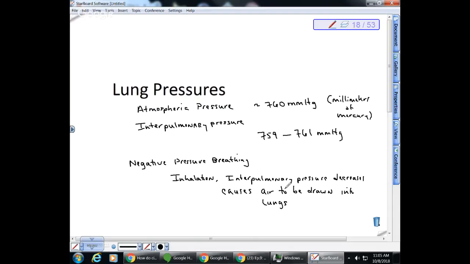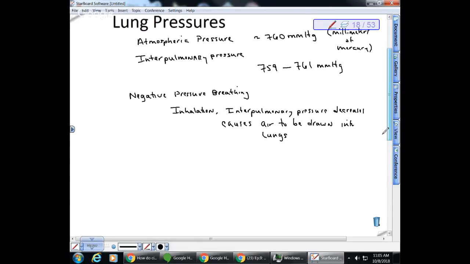Okay. So this has to do with differences in volume and pressure. As lung volume increases, this causes a decrease in the pressure. If you think about a balloon, for example, and you blow it up, if your balloon can expand more and it's not completely full, then there can be a decrease in pressure.